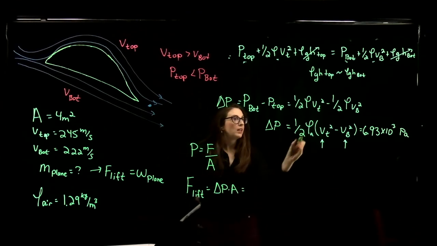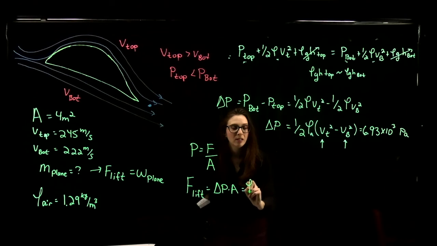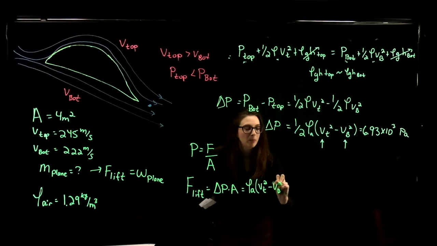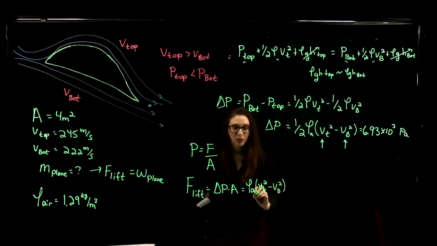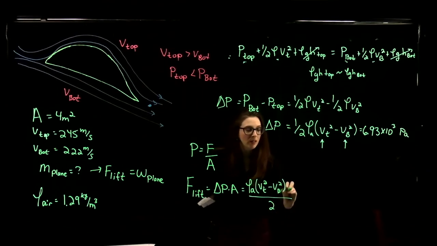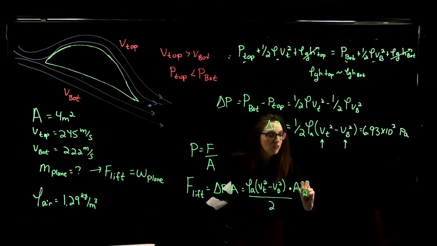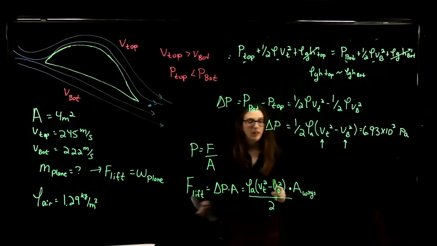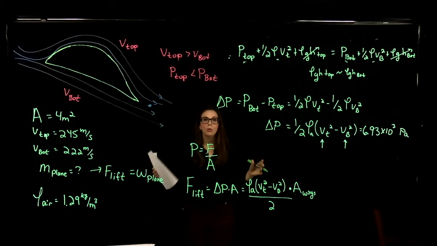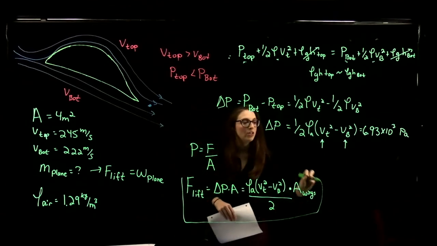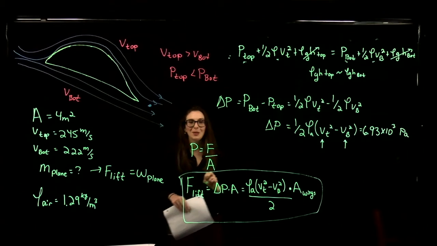And so then that's equal to our density of air times the speed on top squared minus speed of the air on bottom squared, all divided by 2, and then we multiply it by the total area of the wings on your plane. So this is your equation for the lift. That's how we derive it, okay?